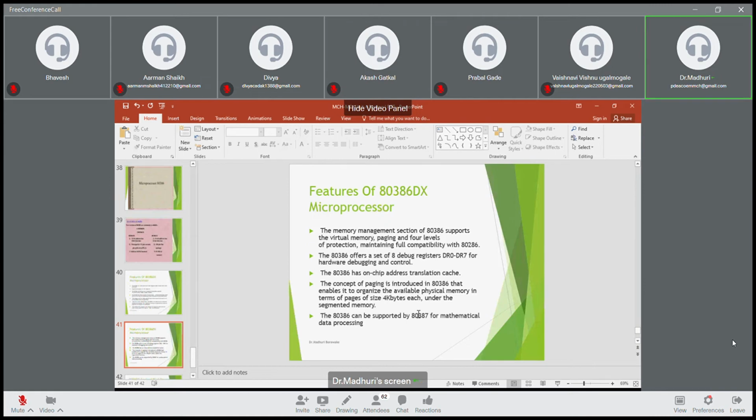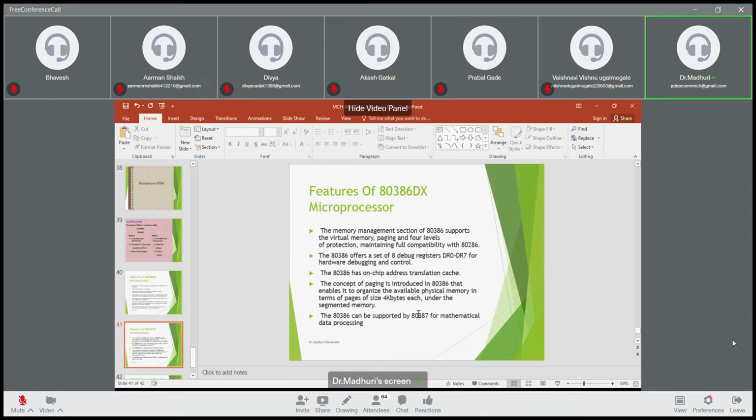387 is the coprocessor, that is the NDP, the numerical data processor. It supports the numerical data processor. Numerical data processor means it does all the complex arithmetical calculations, such as algebraic calculations and so on.